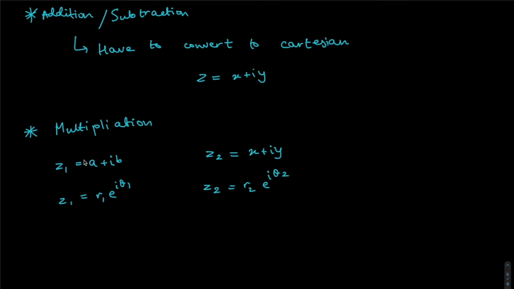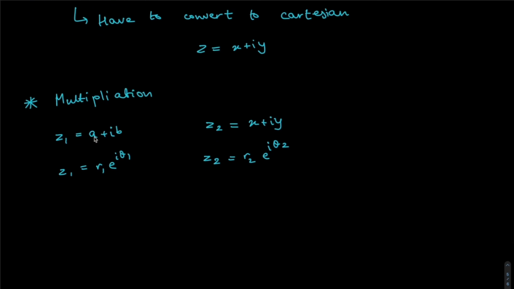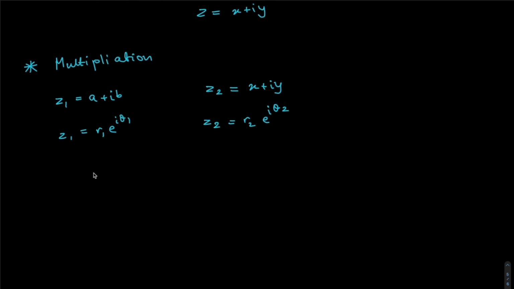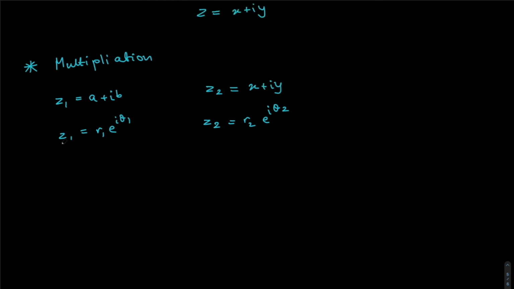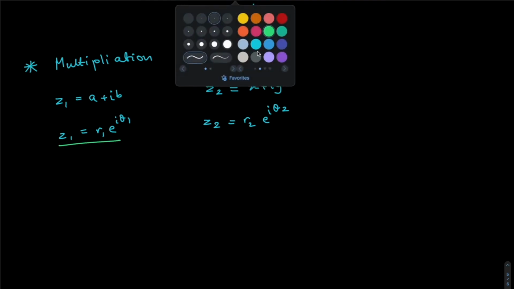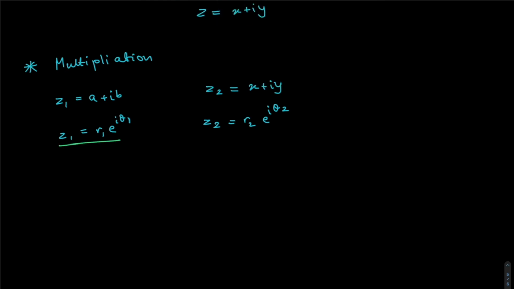When we're multiplying this, ideally you'd have to use the FOIL method: first, outer, inner, and last, and then combine the like terms as well. But multiplication with Euler form is so much simpler. I'm going to change the colors. I'll keep this in green, and I'll keep this in purple.